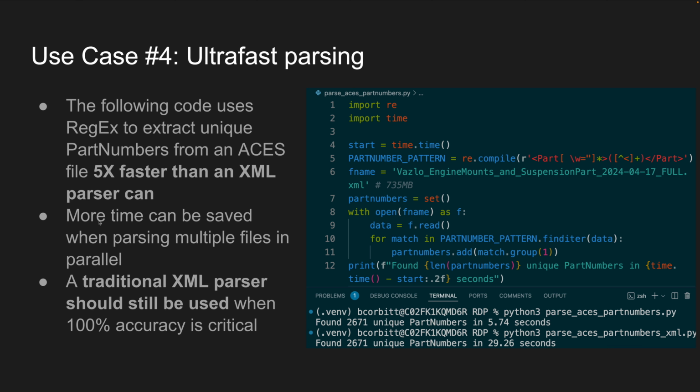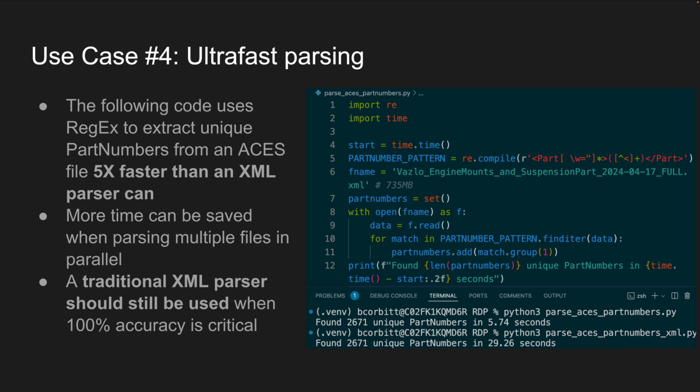That said, it's also worth noting that you should really only use this for heuristics and stats where 100% accuracy isn't critical. That's because there are some things, like, let's say you had a commented-out application.